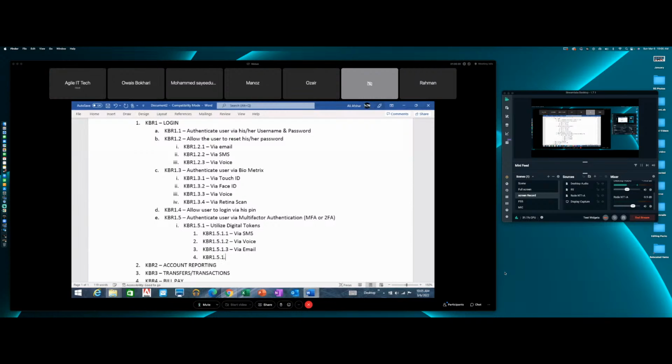What is it? 1.3.4 via token generator. Now, token generator means digital key itself. I'll just say via digital key.